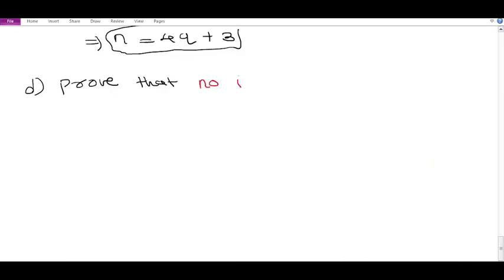No integer in this sequence is a perfect square.